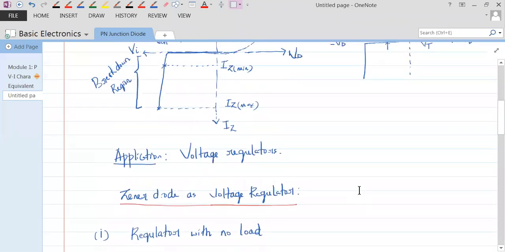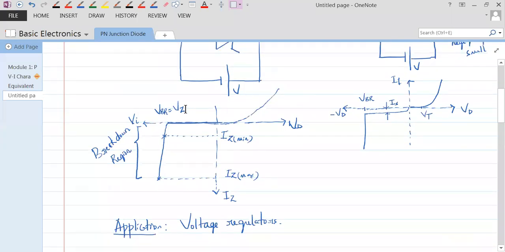When we discussed the characteristics of the Zener diode, I told you the Zener diode operates in reverse biased condition, in the breakdown region. This is the operating region of the Zener diode. Here the breakdown current is flowing, and the breakdown current is not safe for a PN junction diode.